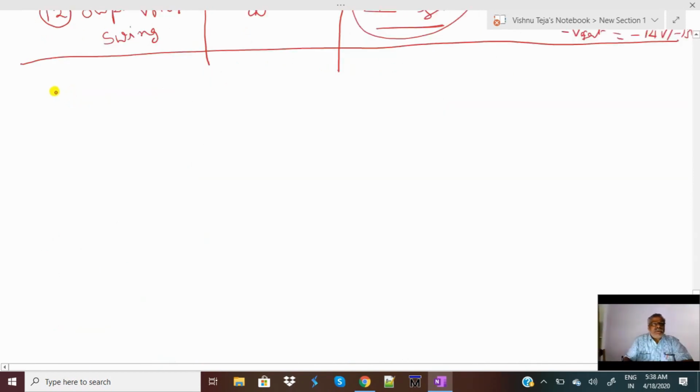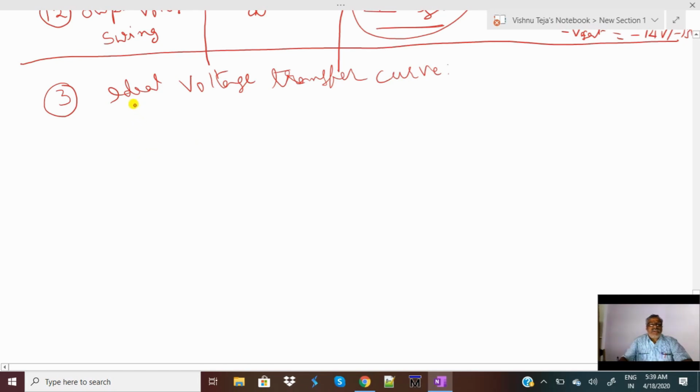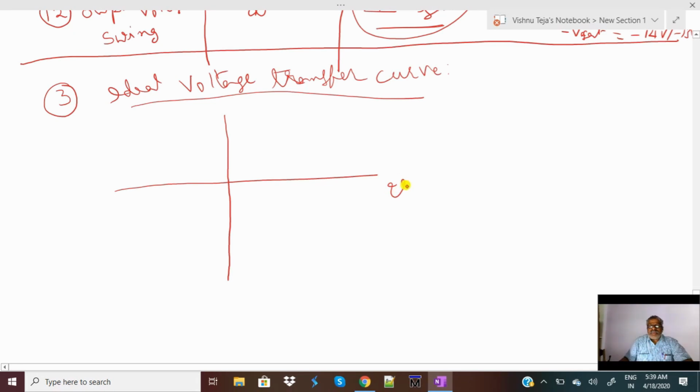The next topic of today's video is the ideal voltage transfer curve. It is the relation between the differential input voltage VID and the output of the operational amplifier.